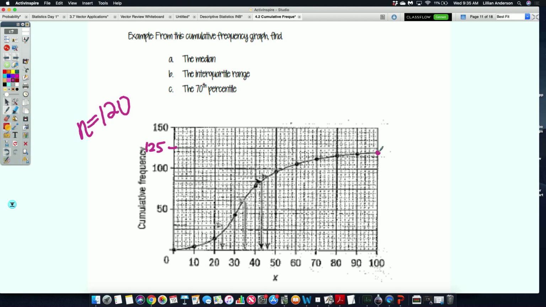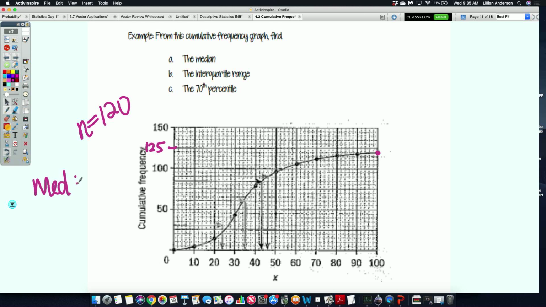The last point on your cumulative frequency curve is always that total frequency. And so we found that by looking over and seeing that it was right below 125, and that was 120. So then we use 120 to find my median, my interquartile range, and my 70th percentile.